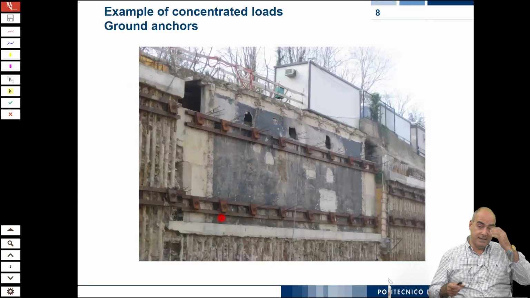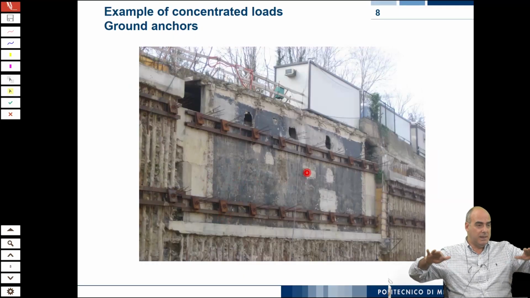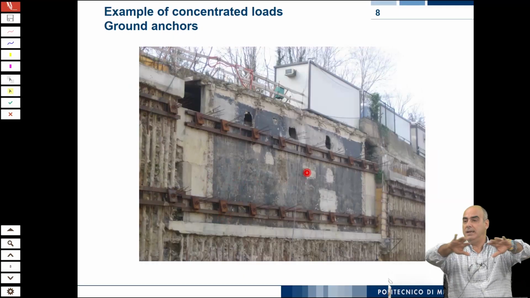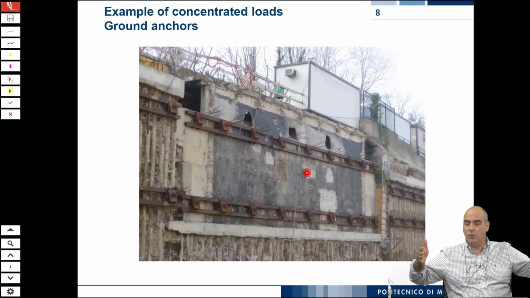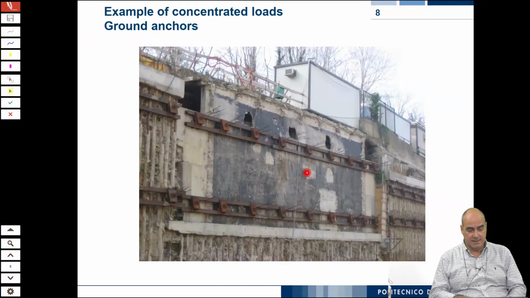Well, there are other examples. When you have to build a new building, you have to excavate the site to make space for the foundation. Especially in urban areas, you must be sure to consolidate the sides of the excavation, the walls of the excavation, to avoid any issues such as the soil sliding down and causing disturbance.